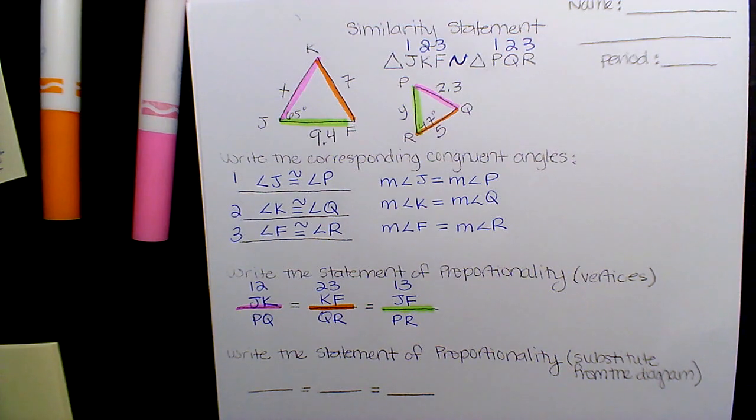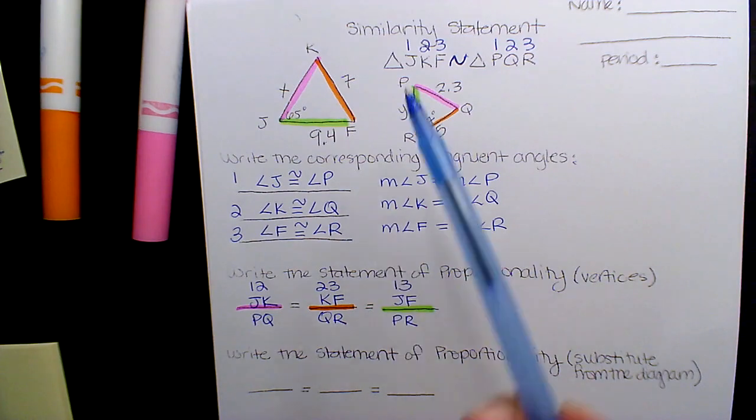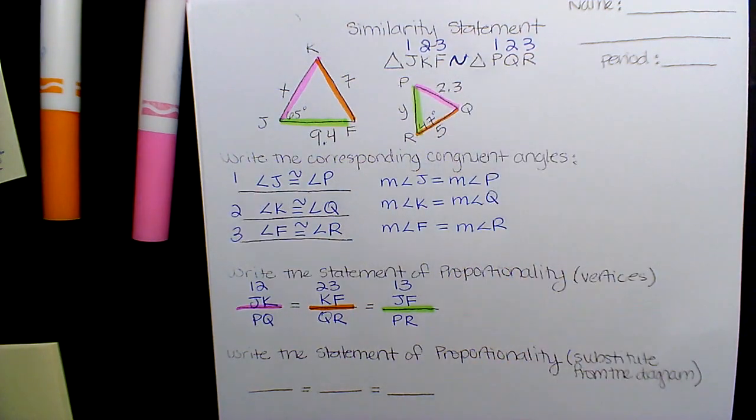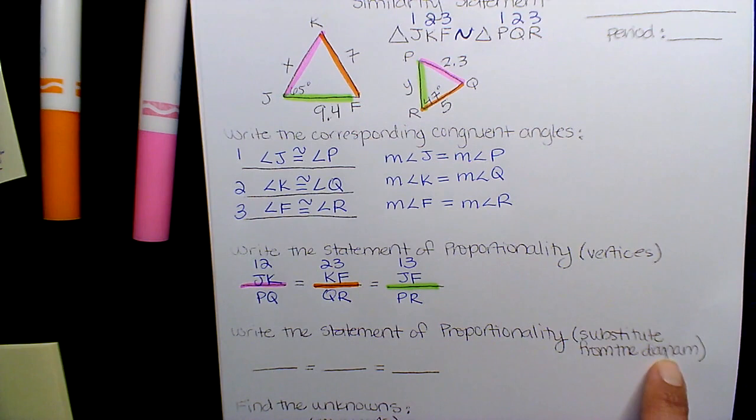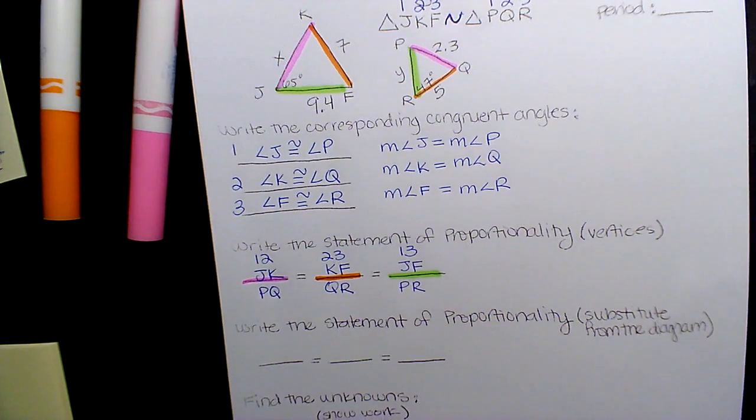You have to understand the similarity statement. You're not going to get a list of measurements. You're going to have labeled triangles. They're going to give you the similarity statement, and you better be able to find all the unknowns based on this order. Now it says, write the statement of proportionality, but substitute from the diagram. So I look at my colors.